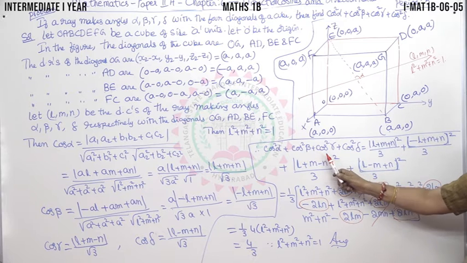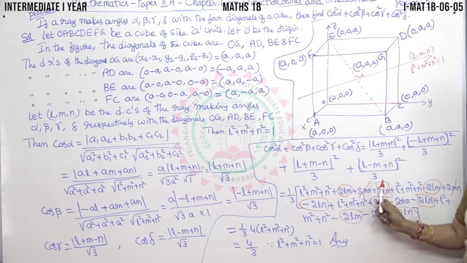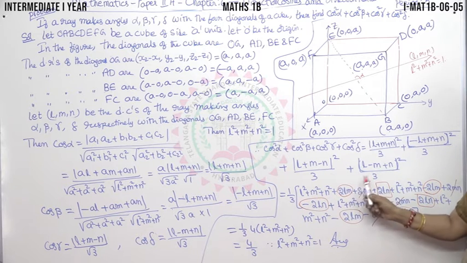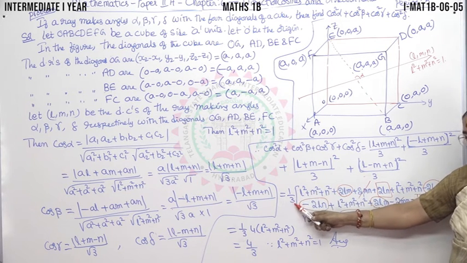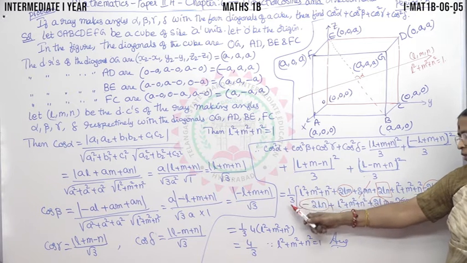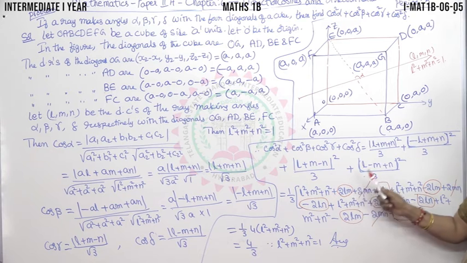Now write cos square alpha plus cos square beta plus cos square gamma plus cos square delta. So you know (a plus b plus c) whole square expands to a square and so on. You take the LCM as 3, so take 1 by 3 common, and just expand this. This becomes L square plus M square plus N square plus 2AB plus 2BC plus 2CA.